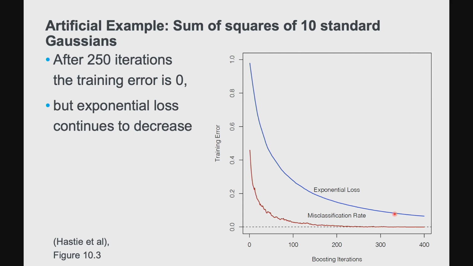Let's assume f hat of x would be 7. And the classification of this decision stump would be +1. Then we would have e to the power minus 1 times 7. Okay, e to the power minus 7. This is a small number.